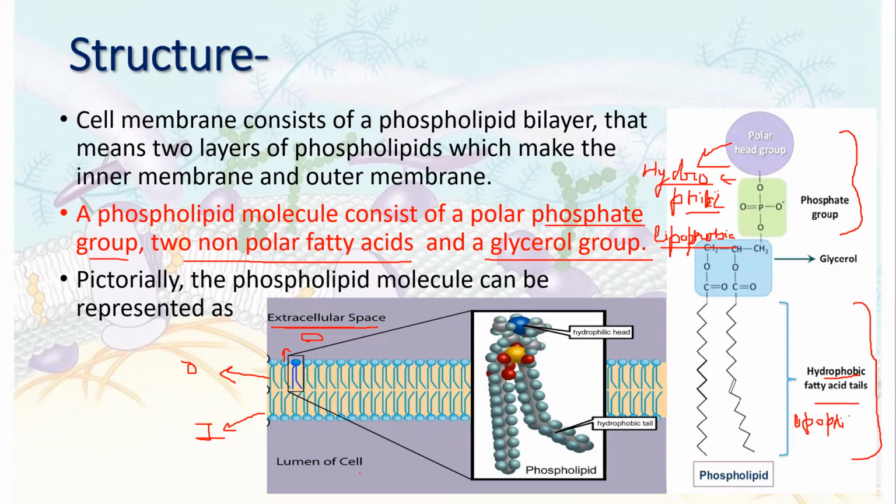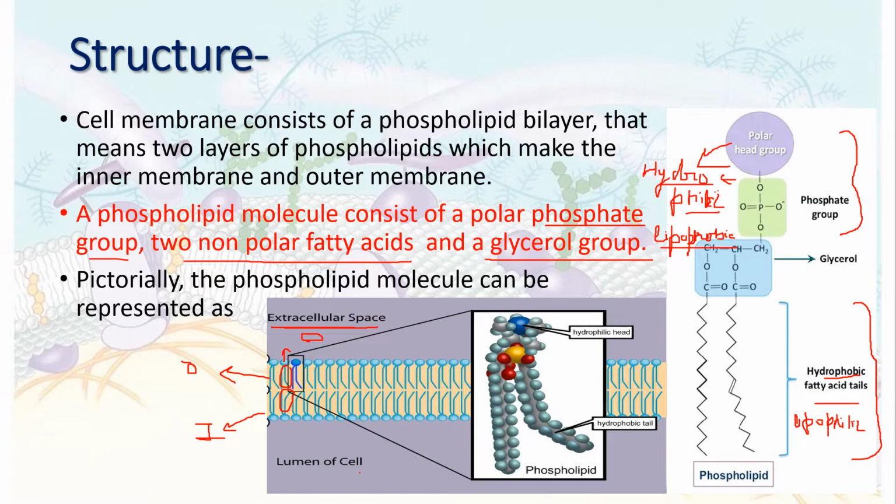And they always point away from the aqueous region. You can see these are the tails. Are they facing the aqueous region? No, they are facing away from the aqueous region.